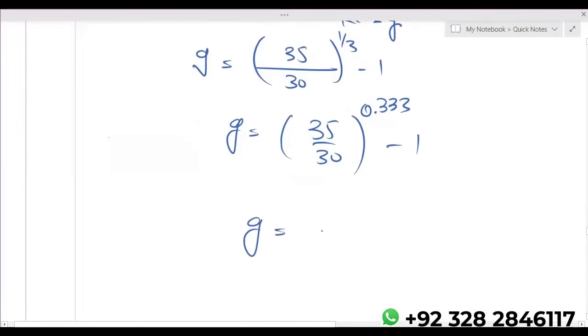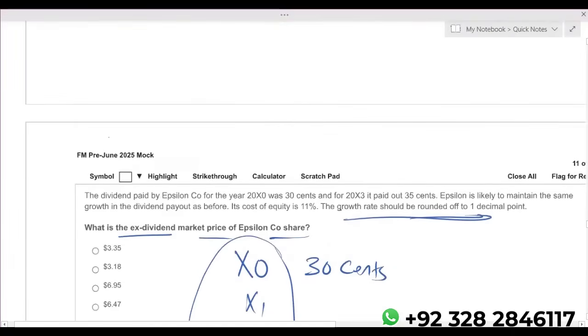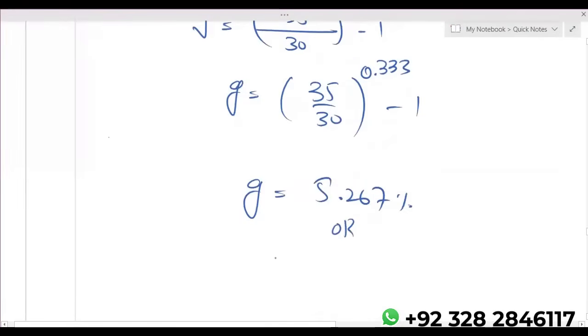Basically, I'm getting 5.267%, but the examiner has mentioned that the growth rate should be rounded off to 1 decimal. So instead of this, we'll take 5.3%. Mathematically, it should become 5.3.